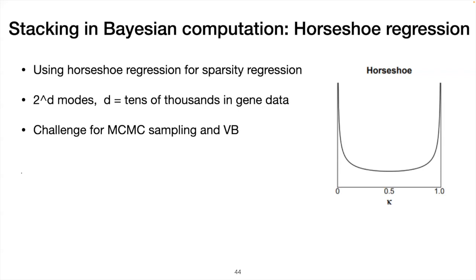So if you have a genome example, with thousands or even millions of genes, you would have 2 to the power d modes in theory. So it's very challenging for MCMC or VB to jump over that 2 to the power million of modes, but you can still run stacking.